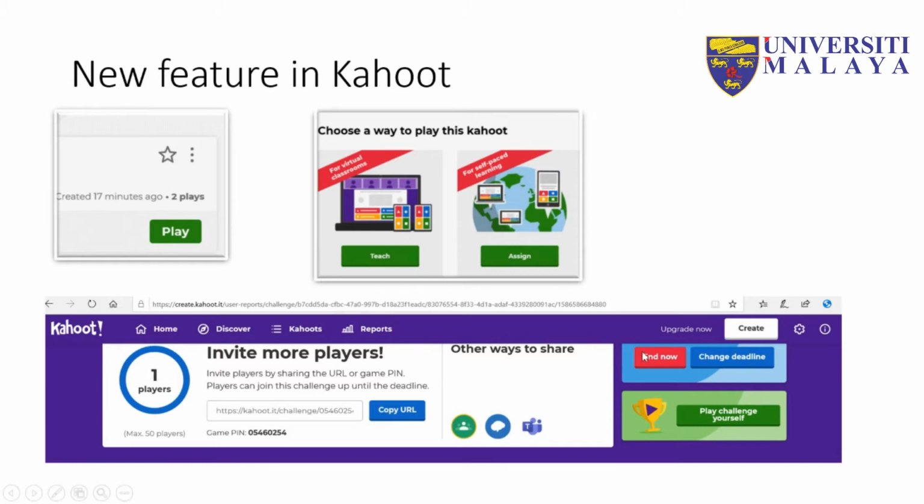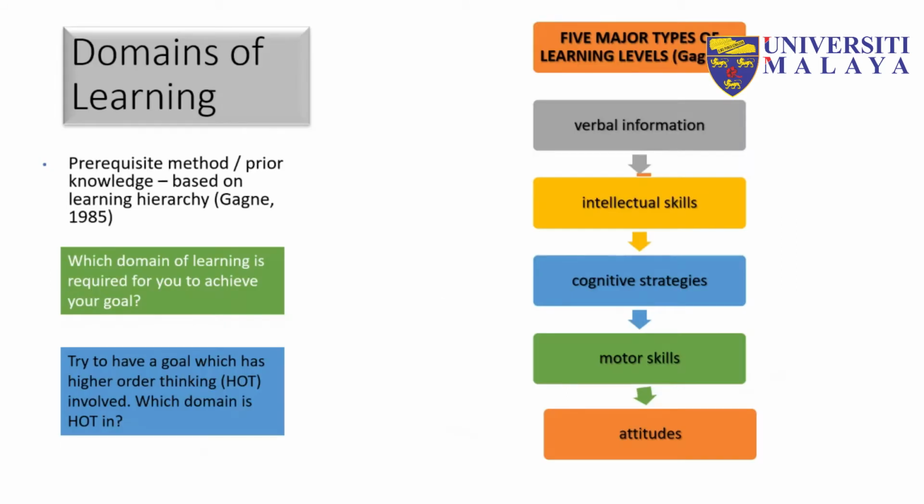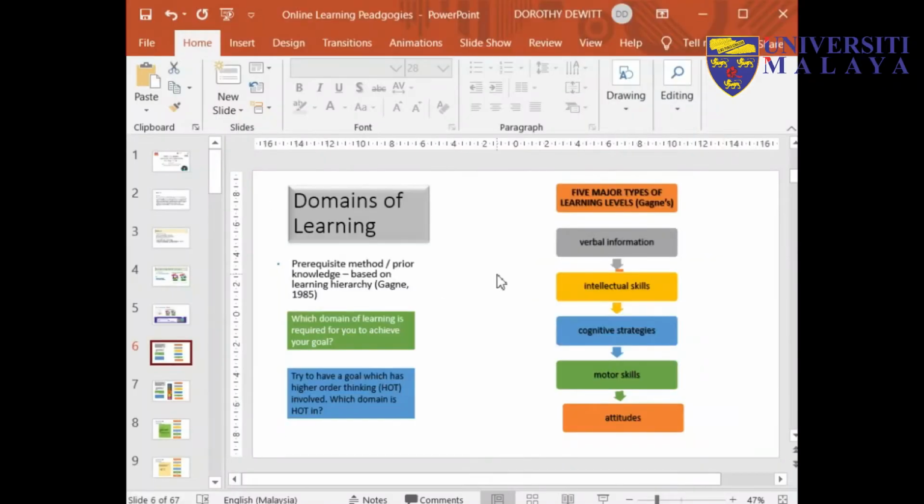Okay, so this is what you can see. Create your own Kahoot. If you realize Kahoot makes it a little bit difficult for you to try and find the free version, it's under those premium plans. Okay, so how are you doing in Kahoot?